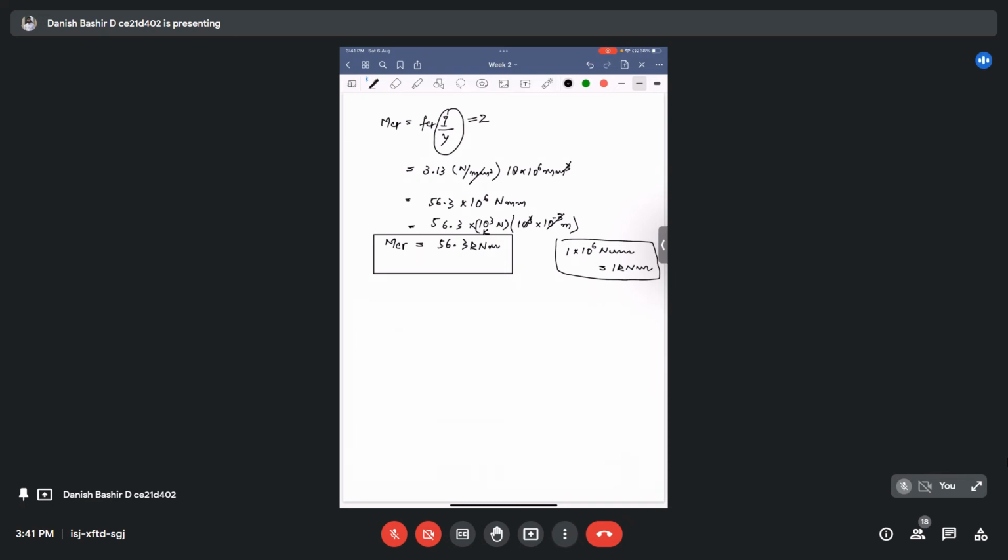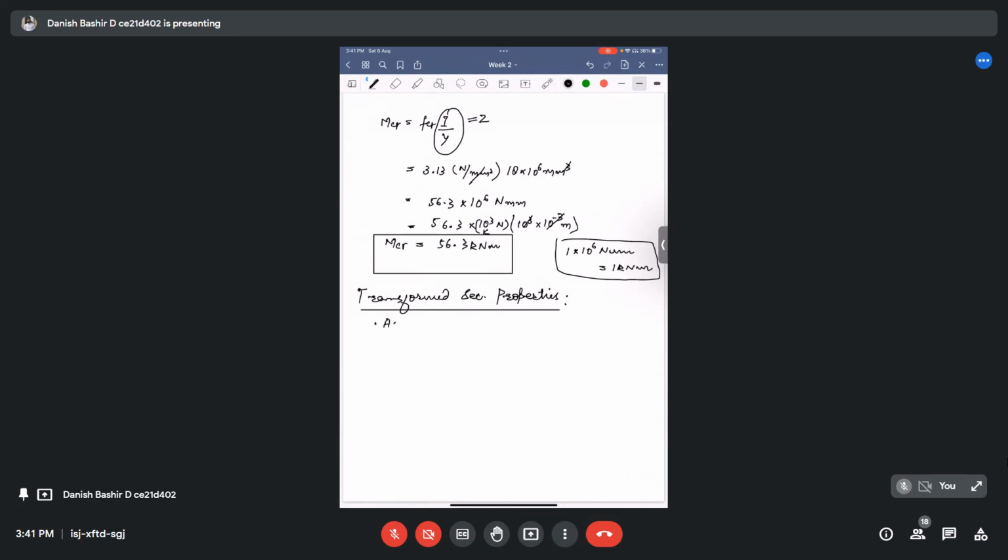For the transformed section we have the transformed section properties. First we have area of steel.